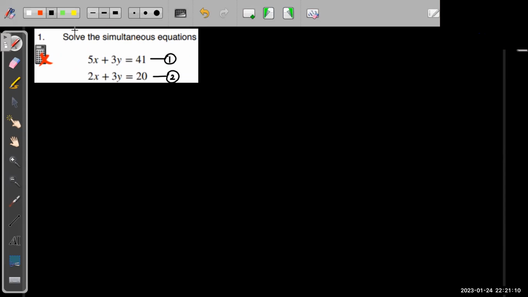Then check. Now you have two unknowns. Check whether you have unknowns with the same coefficients. It doesn't matter whether that coefficient is +3 or -3.